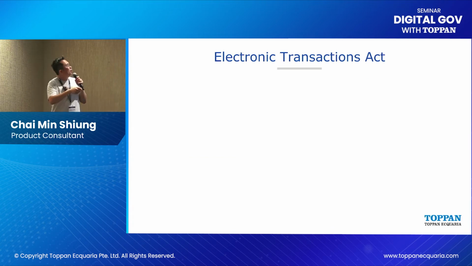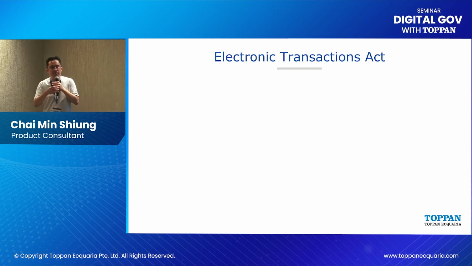A bit of background about the ETA, or the Electronic Transactions Act. The ETA was passed in 1998. It provides a legal framework that governs all your digital services such as e-commerce, electronic records, electronic contracts, and signatures.